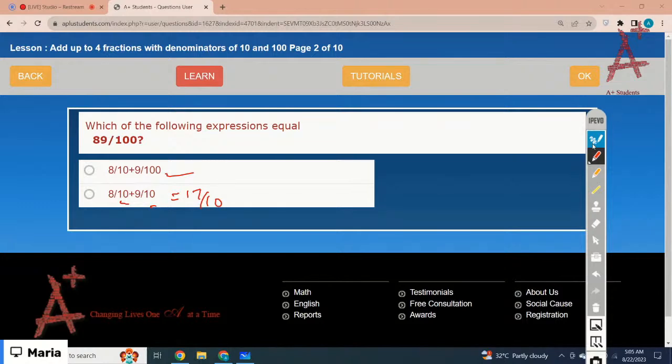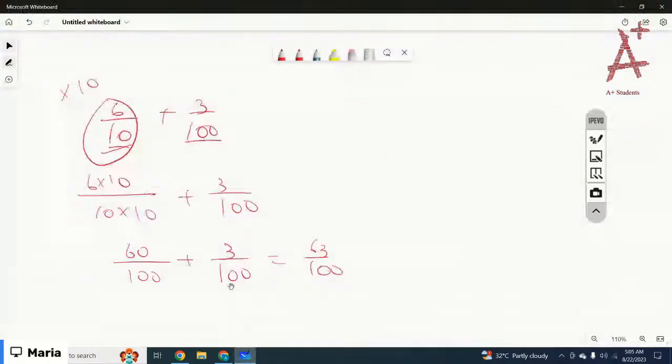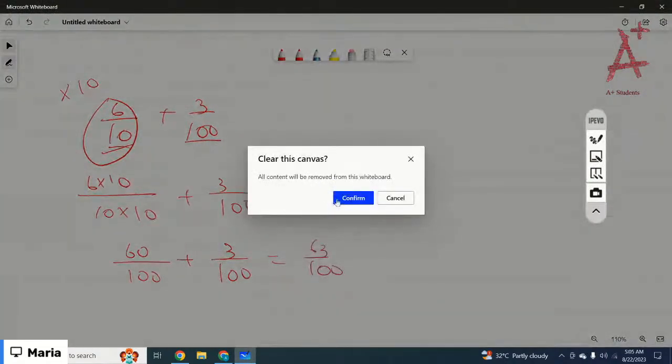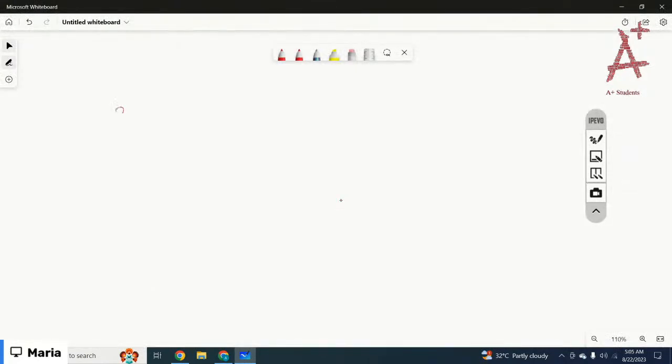Let me explain once again how 8 over 10 plus 9 over 100 works. You have to make the smaller denominator equal to the greater one, right? So 10 times 10 makes 100. You have to multiply this fraction by 10. It would be 8 times 10 over 10 times 10.